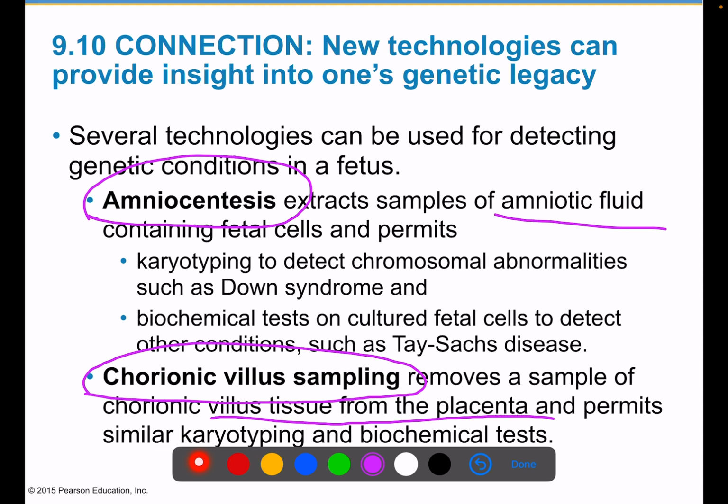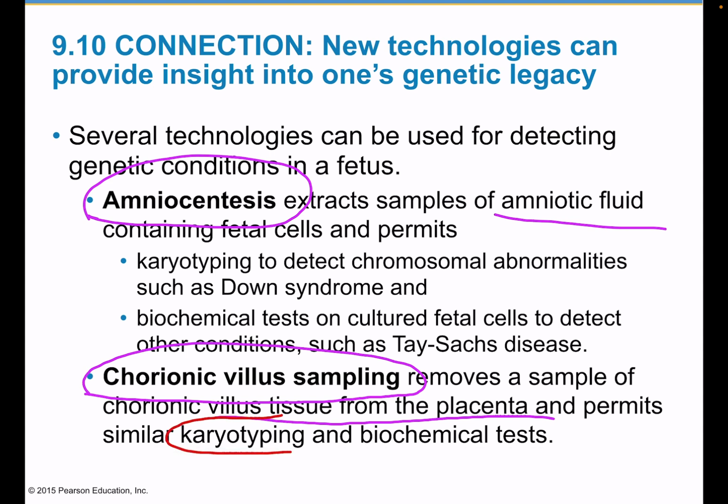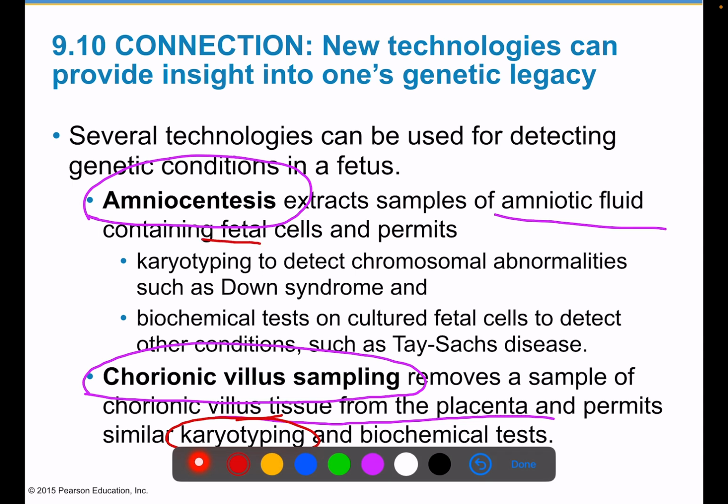And then from here, what we would do would be this karyotyping that you should remember we talked about some time ago. That's an image of your chromosomes. We can also screen for particular genes. So we can do a variety of things. We can test for a gene, do you have it or not, like Tay-Sachs. And we can also see, do you have too many chromosomes, not enough, are they too short, are they long, right?